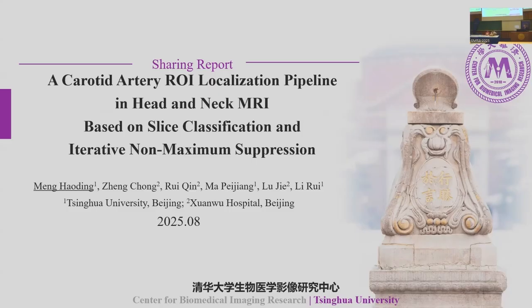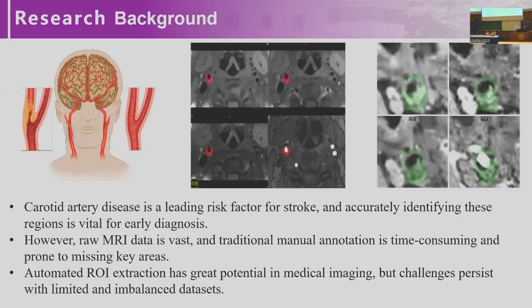Nice to see you again. I'm back. This time, I'm going to talk about the carotid artery ROI localization. As for background, just like the picture shown here, this is a Y-shaped carotid artery, and this region is the so-called plaque. When it ruptures, it may cause ischemic stroke.